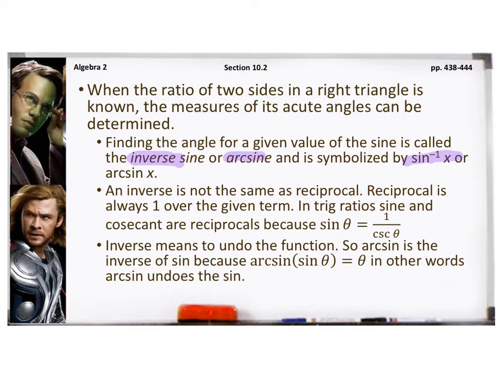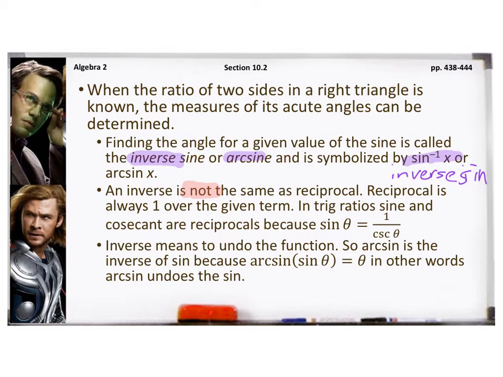This is red. Inverse sine. Okay, that's not called sine to the -1 or reciprocal or anything like that. That's red. Inverse sine. So it's arcsine of something or the inverse sine of something. An inverse is not the same as a reciprocal.